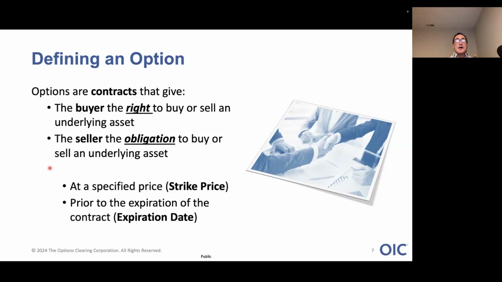Now, every options contract has a finite life, okay? And at some point, whether that option expires in a day, a week, a month, a year, its life comes to an end. So at expiration, that option either has value or it doesn't. Okay, so we'll look at that a little later as well.